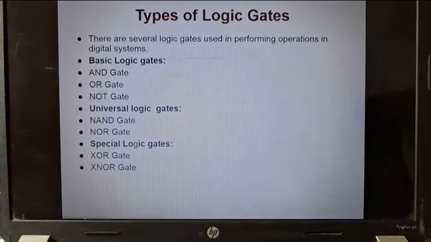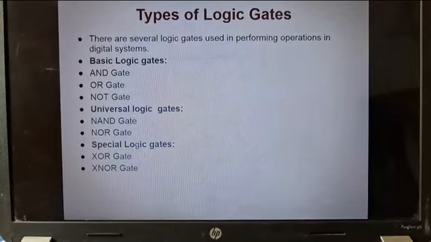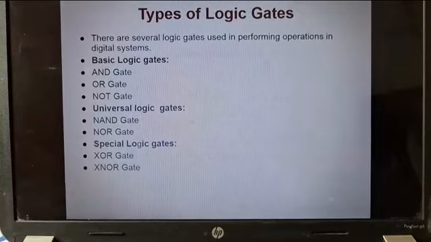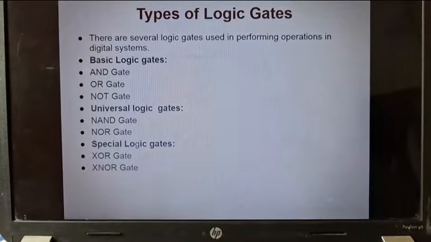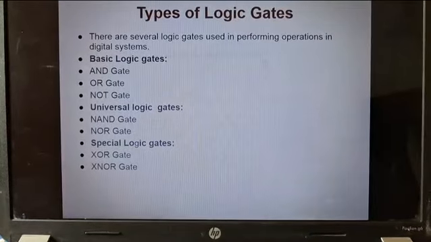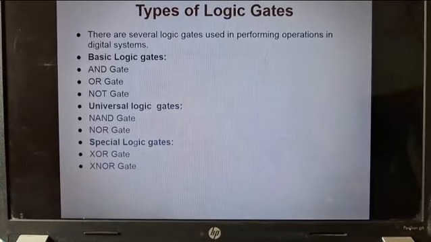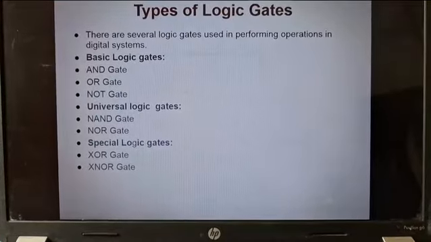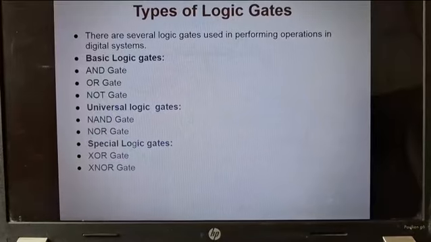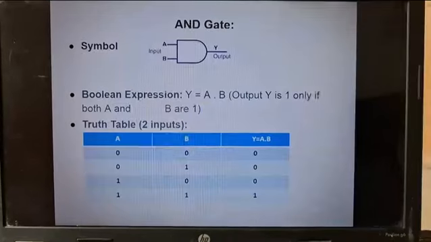Under basic logic gates, AND, OR and NOT gates are included, while in universal logic gates, NAND and NOR gates are included. The XOR and XNOR gates are considered under the special logic gate category. The universal logic gates are the logic gates which are used to construct complex digital logic circuits. So NAND and NOR are also called the universal logic gates.